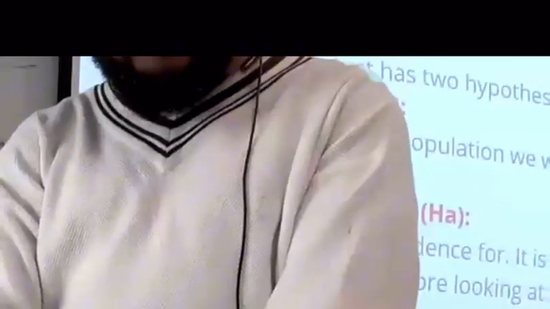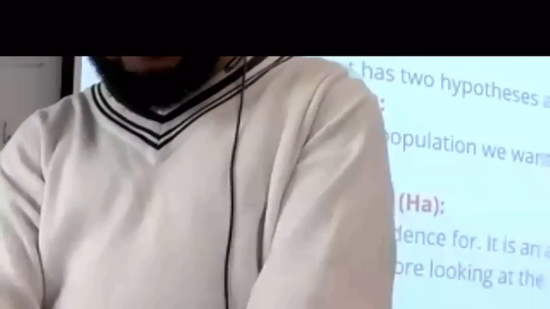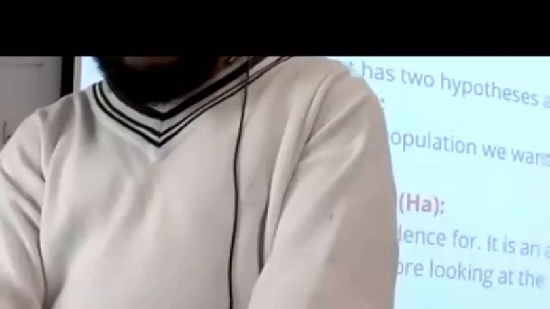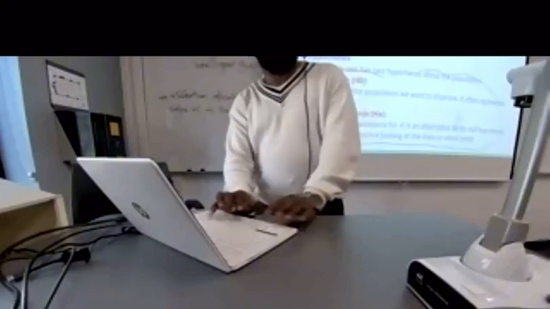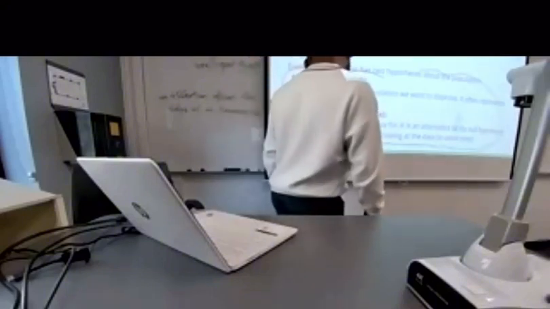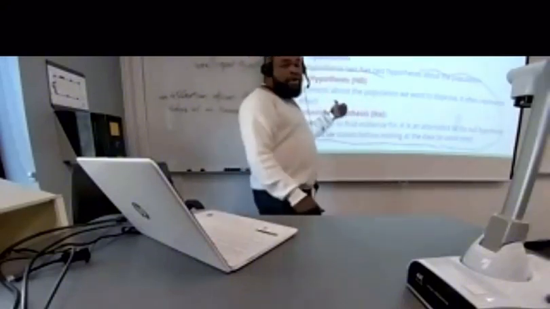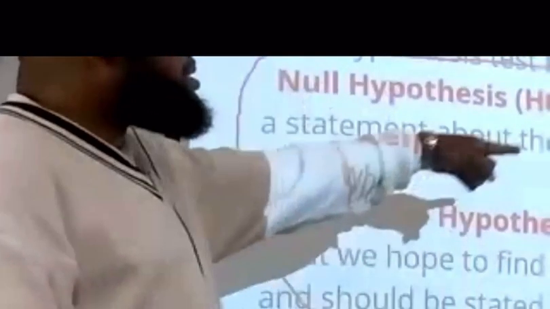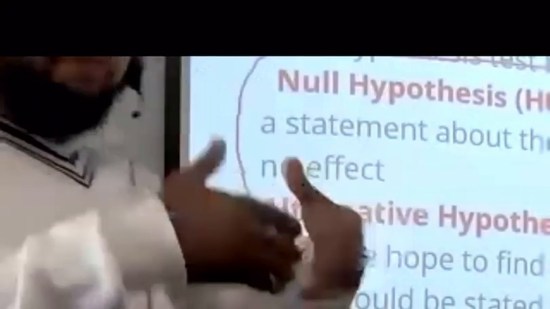The first is called the null hypothesis, and the second is called the alternative. The null hypothesis is symbolically represented as H0, the alternative as HA. The null hypothesis gives a statement about the population that we want to disprove. It represents the hypothesis of no effect, no difference.